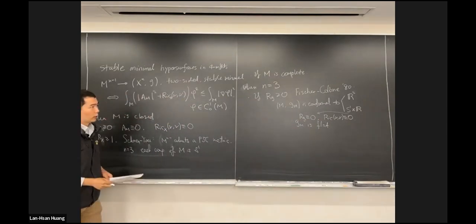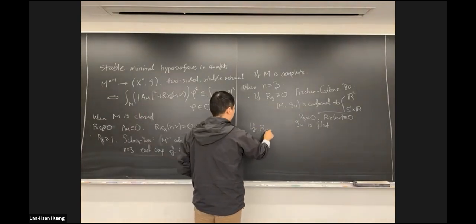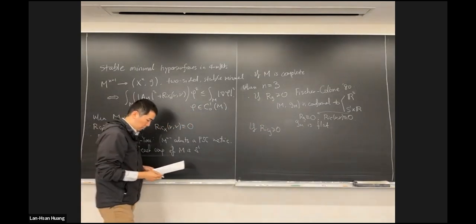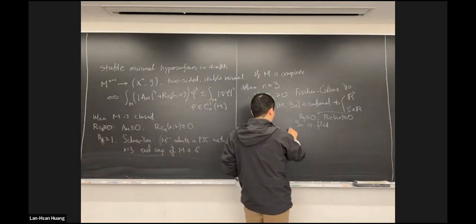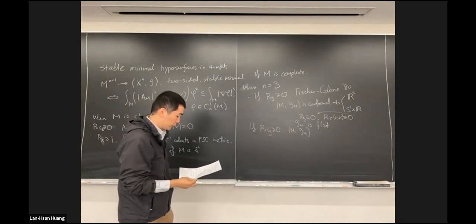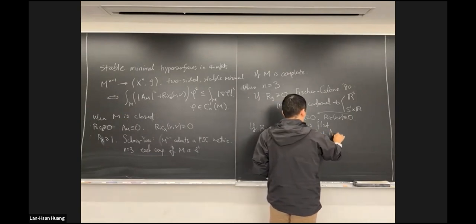So you have strong restrictions on the conformal structure. And if you assume a stronger condition, that Ricci of X is non-negative, then the induced metric is even more restrictive, and in particular it has A identically 0.